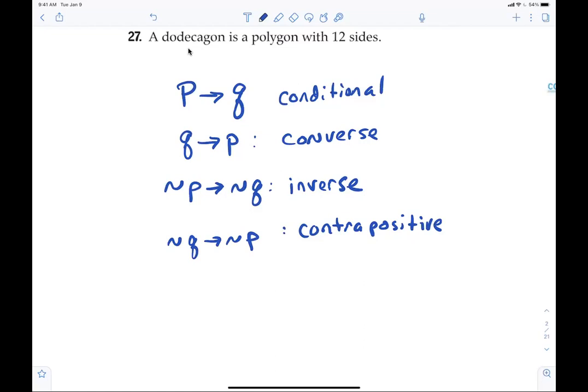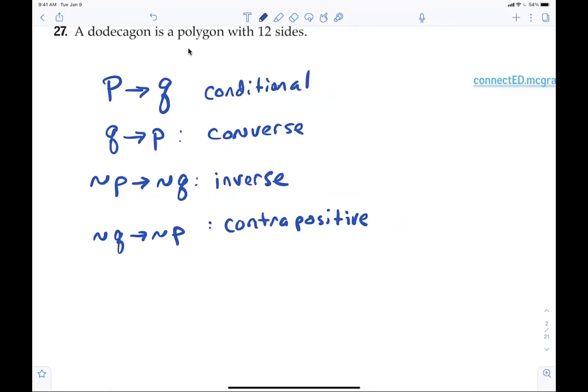Now, I want someone to make a note to yourself because it's going to come up on the test. If the conditional is true, the converse can be true or false. The inverse can be true or false.